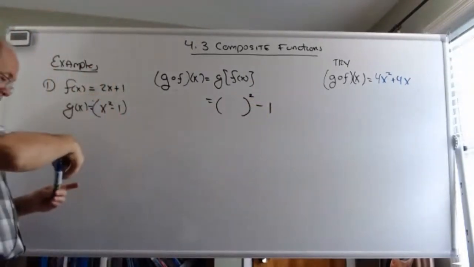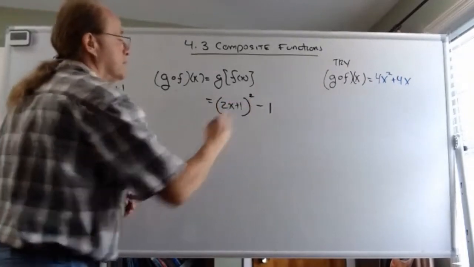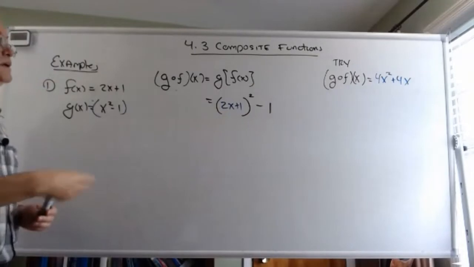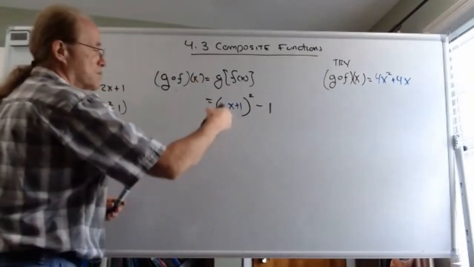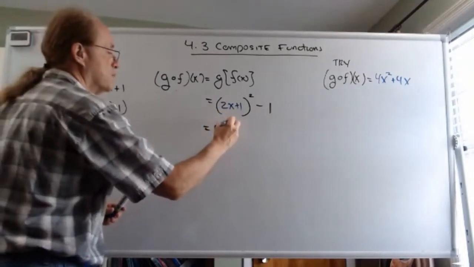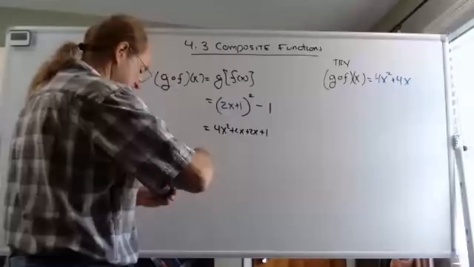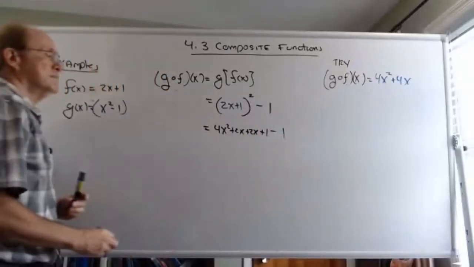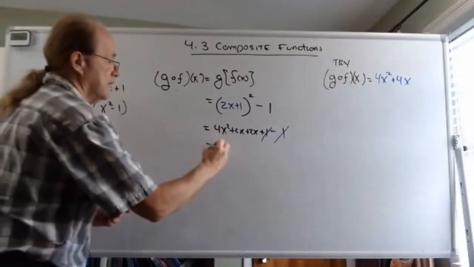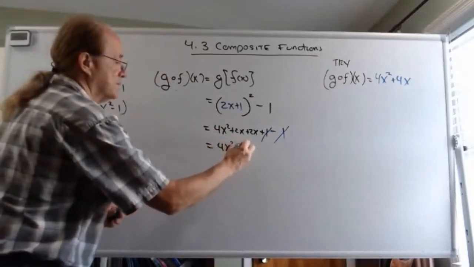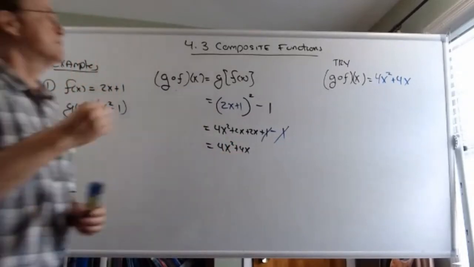What is my input? Well, my input now is the entire function f of x, which is 2x plus 1. So I simply square this out, FOIL it out if you will. So I get 2x times 2x is 4x squared plus a 2x plus another 2x plus 1 minus 1. Well, they cancel out over here, and I just add the two x's together, the like terms, 4x squared plus 4x. All it is.